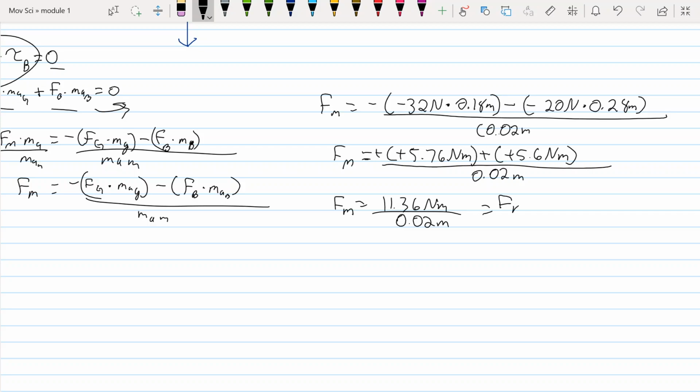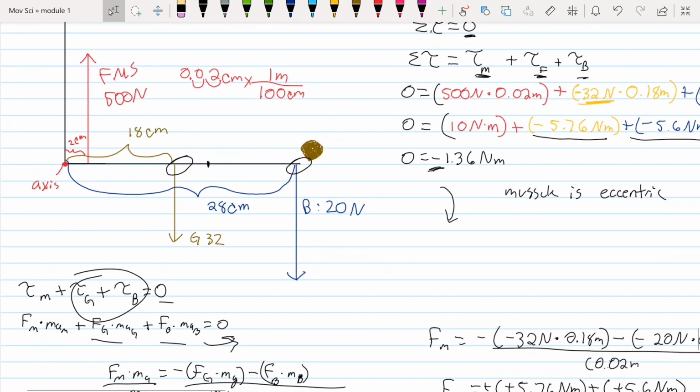So the force of the muscle equals 568 newtons of force to hold this ball right where it is. So if this equaled 568, that means that we could hold this ball against gravity.